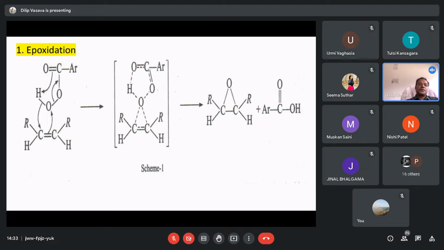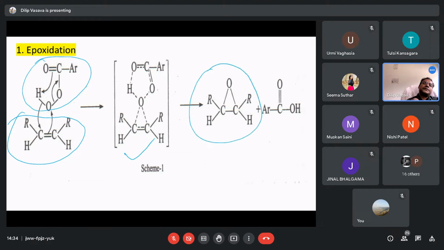Just look here. This is the alkene, and this is the peracid. It forms the cyclic transition state, shown here in the center, and later on it gives the epoxide. Here the bond formation takes place by cleavage of the pi bond.